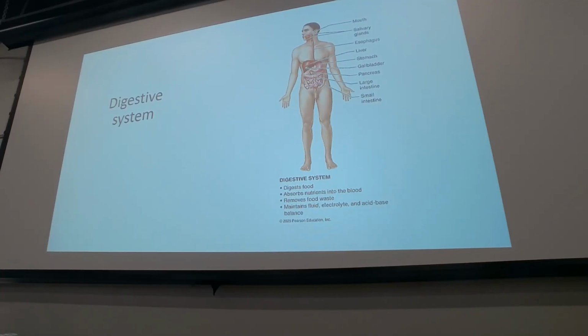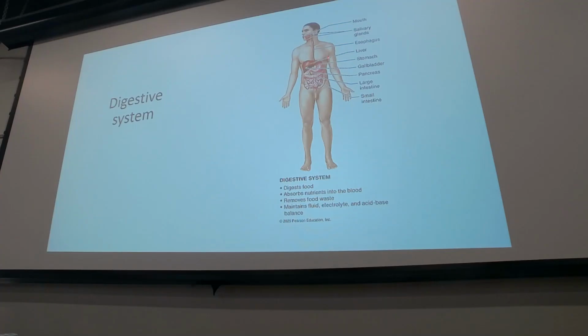Digestive system is made by a tract that starts in the mouth, ends in the anus, and accessory glands, including salivary glands in the mouth, liver, gallbladder, and the pancreas.